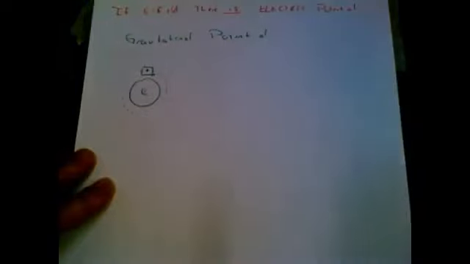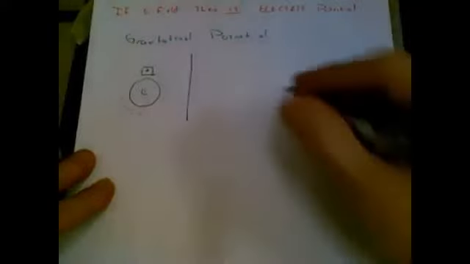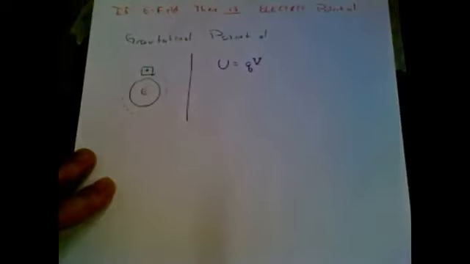Electric potential energy, U equals Q times V, electric potential, just by rearranging my electric potential equation, where now this is my potential energy. And what are the units here?